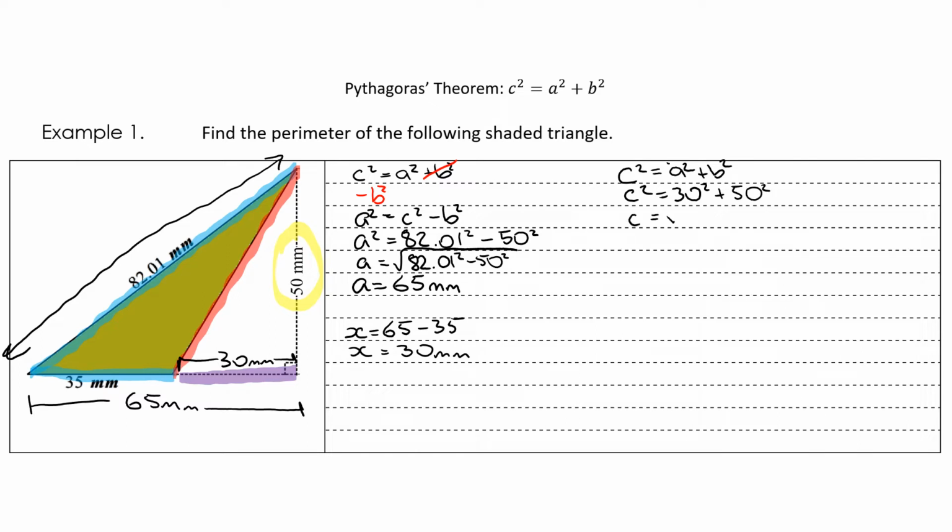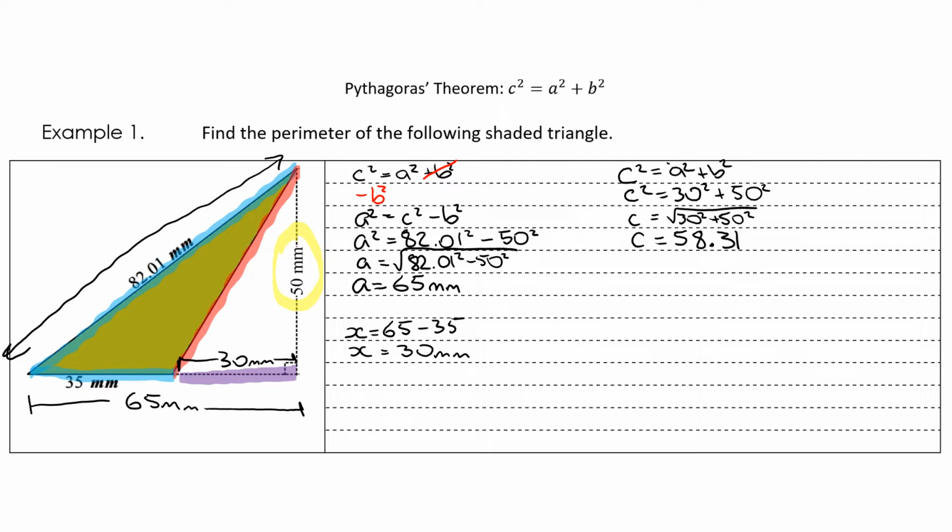So c is the square root of 30 squared plus 50 squared. So I'll pop that in the calculator. Square root of 30 squared plus 50 squared equals 58.309. We'll round to 58.31.